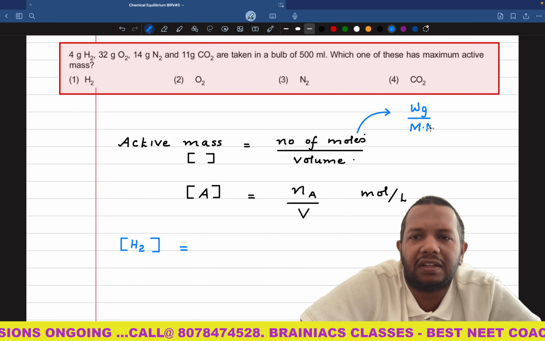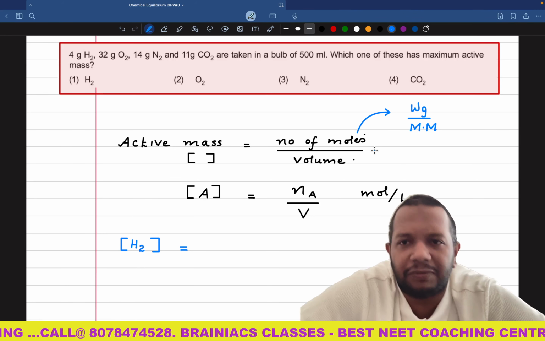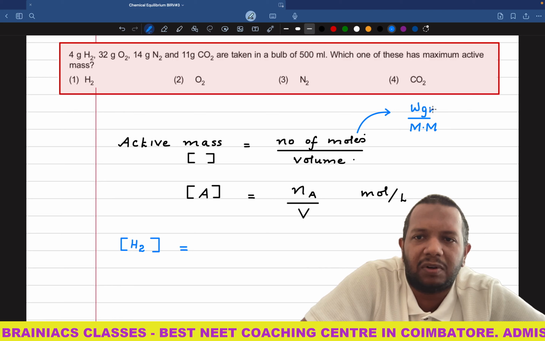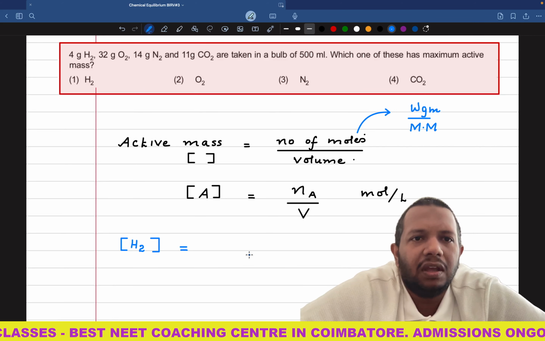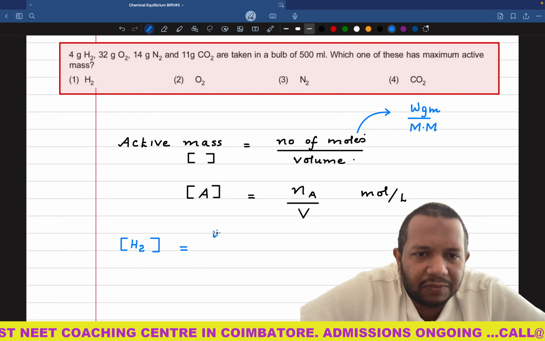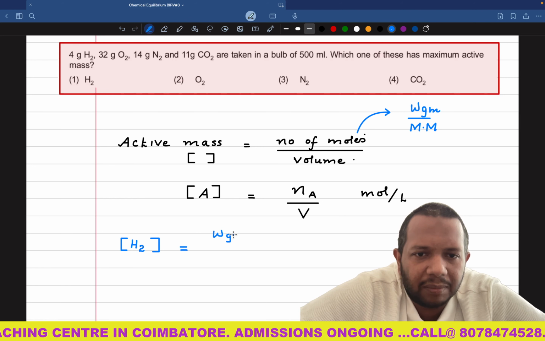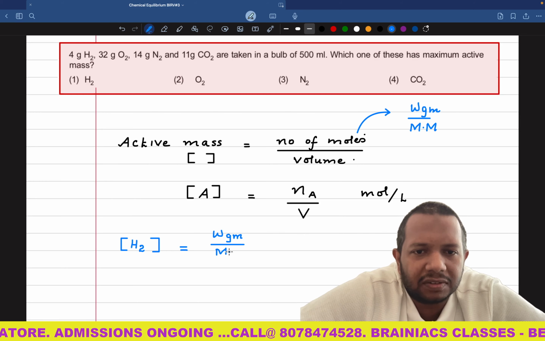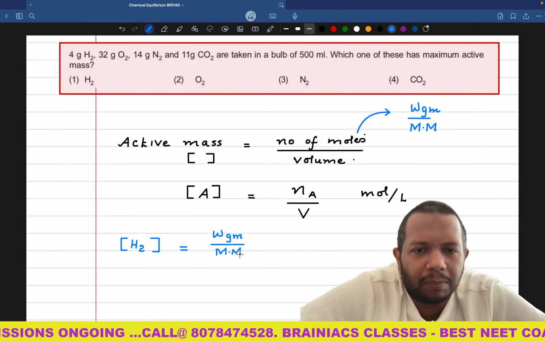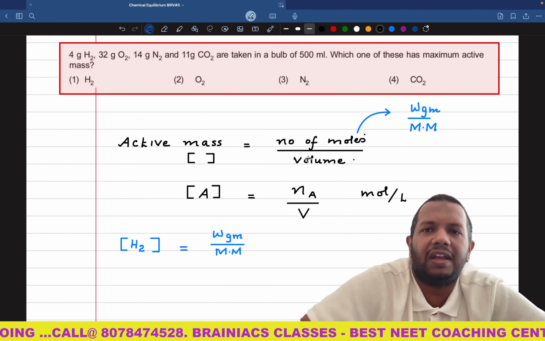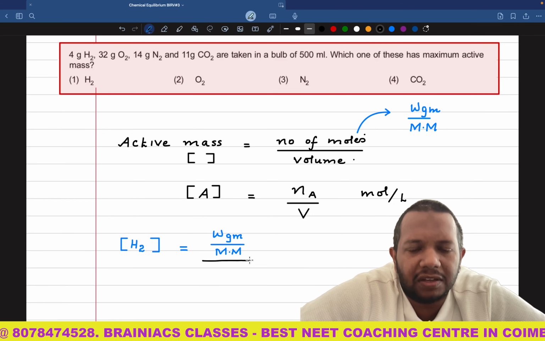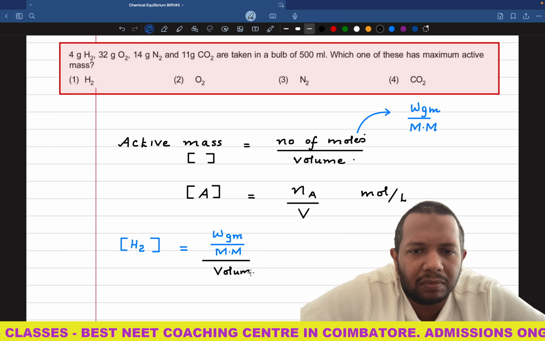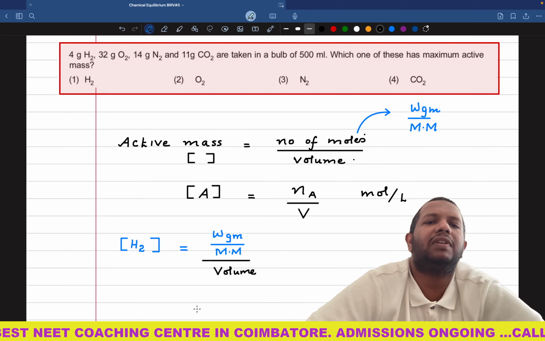This is how the number of moles is defined. So we can use that. Here let me write that first: weight in gram divided by molar mass, this is my number of moles, divided by volume in the denominator.